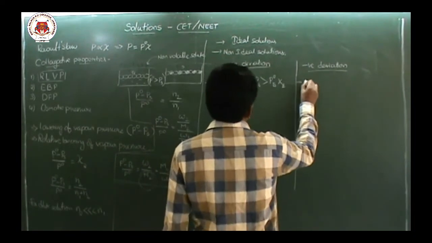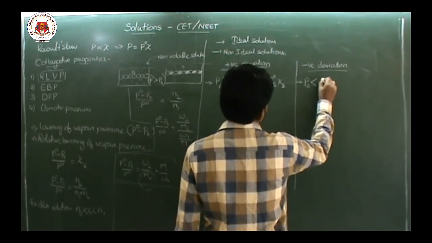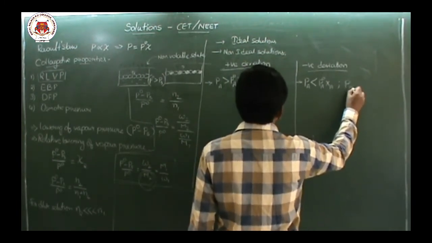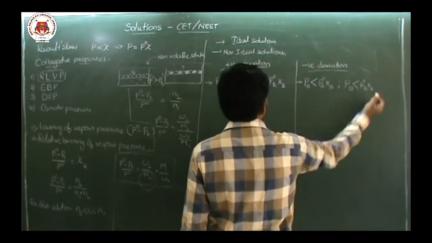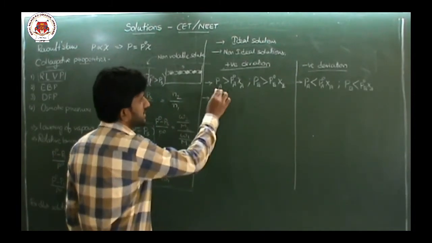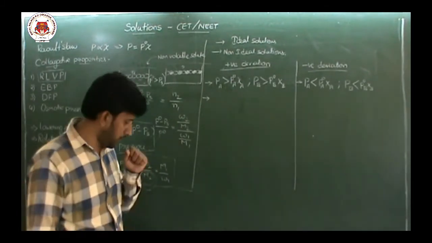Here, if the pressure expected is greater than the actual pressure, then it is negative deviation. Okay. Then why is the pressure actually more? Why is pressure more in these solutions?